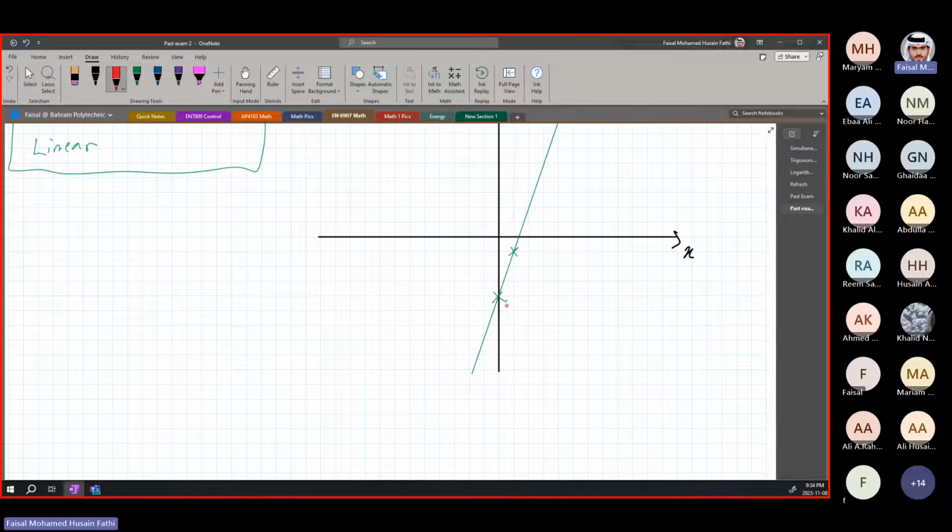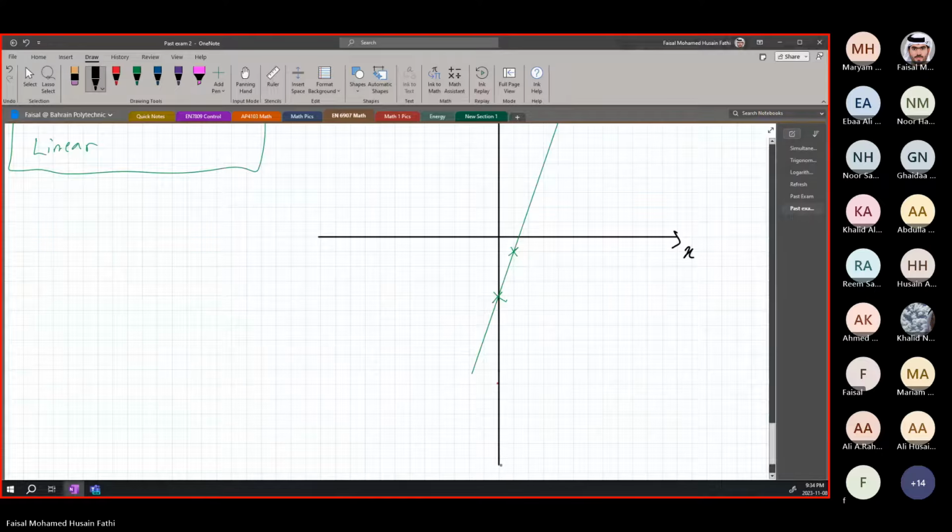So we go here to 1, minus 10: 1, 2, 3, 4, 5, 6, 7, 8, 9, 10. This is minus 10 over here. Let me extend this line a bit more. Okay, this is our minus 10. This point over here is 1, minus 10. So this is our turning point.